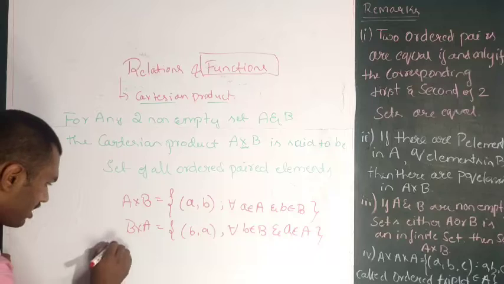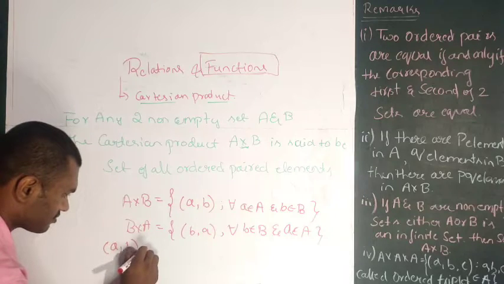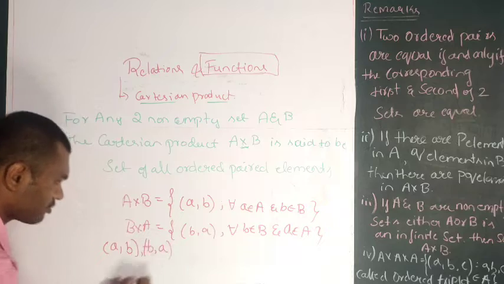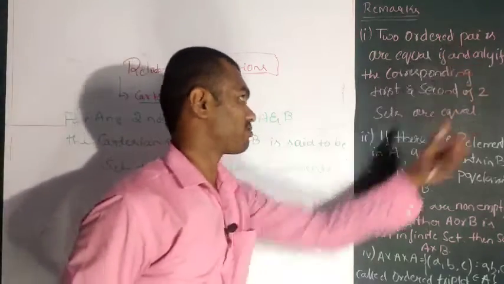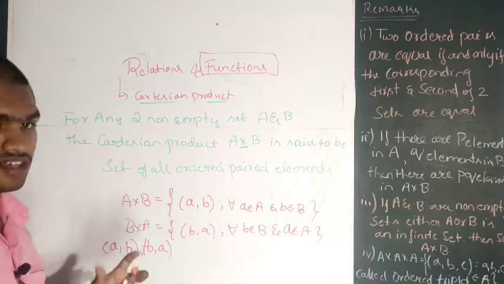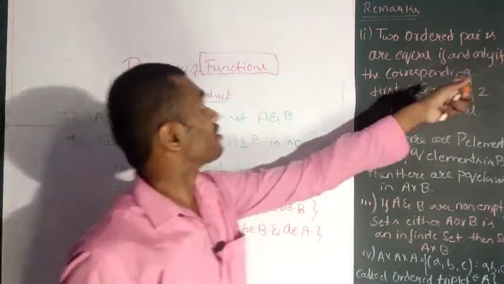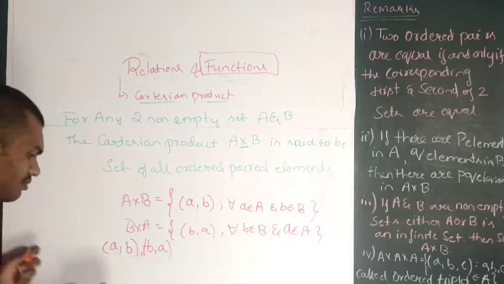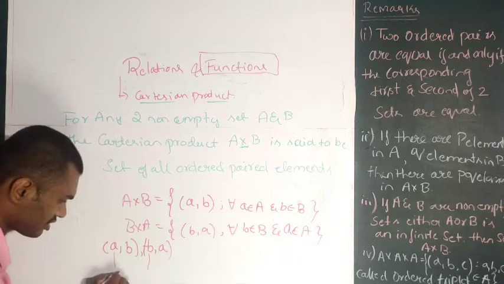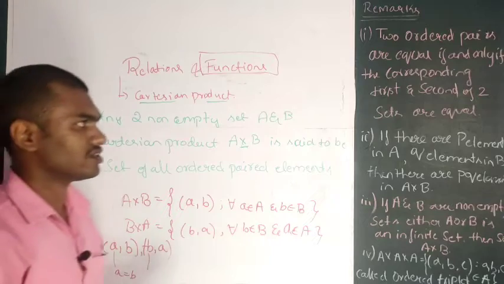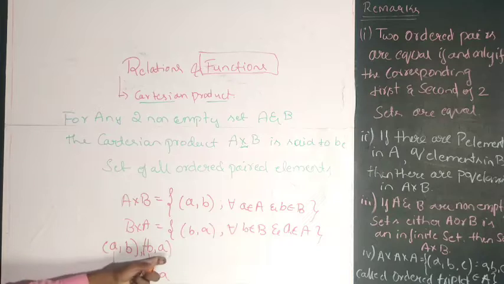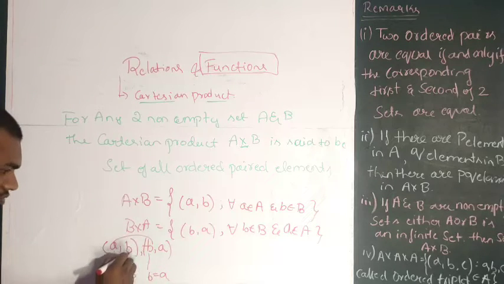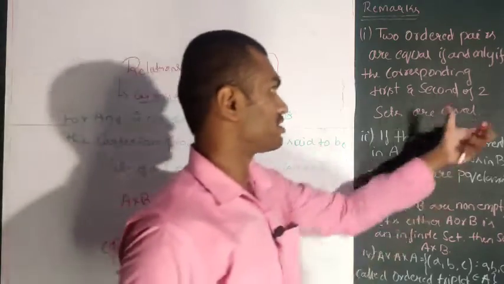So you can observe here we have A comma B and B comma A. So we have 2 elements, that is A comma B and B comma A. I want to say that these 2 are equal if and only if the corresponding first element is equal. So A is equal to B should be there, then B is equal to A should be there. That is what they are saying.